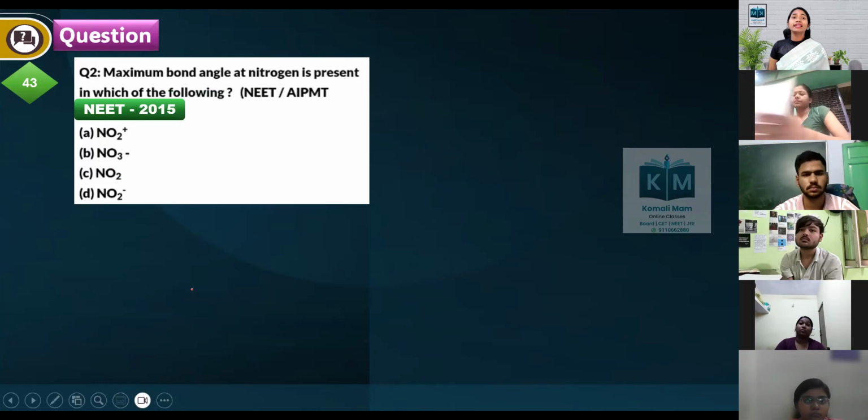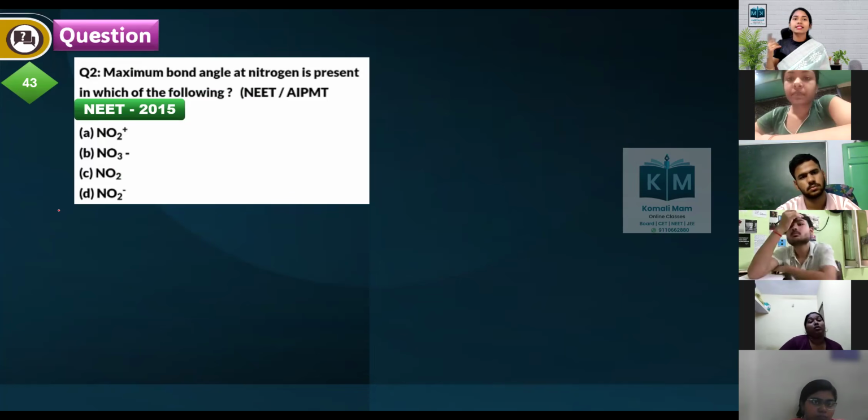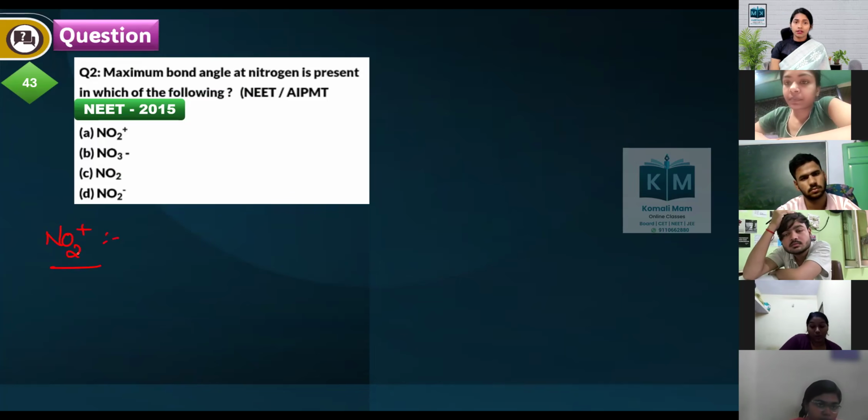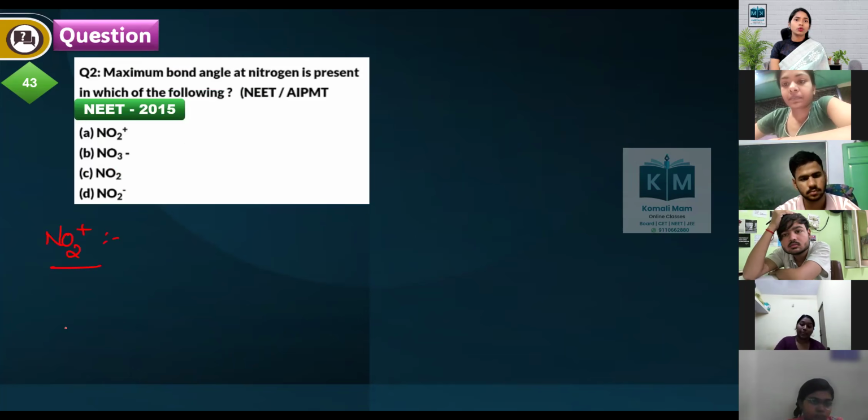Maximum bond angle at nitrogen in the following species: which is having maximum bond angle? NO2 plus. What is the NO2 plus? We did know here. NO2 plus is sp. NO2 minus is sp2.